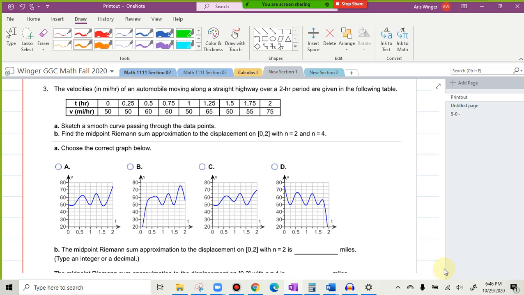Similar question here, but now phrased in some context. Here we got a table giving the velocities, and now they're asking us about the displacement. We should make a comment here about that.